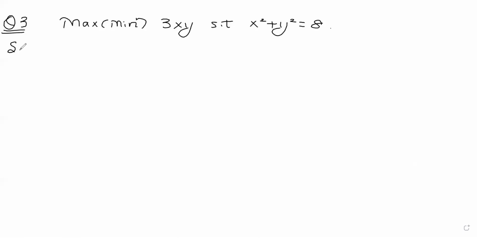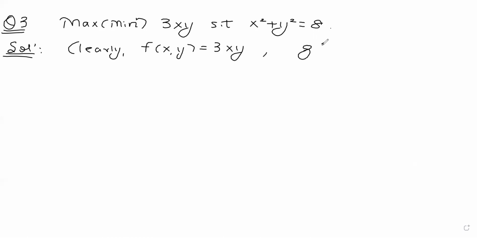Question 3. Again, the objective is to maximize or minimize the function 3xy subject to x square plus y square equals 8. Clearly, all students can see my function f of xy is 3xy.